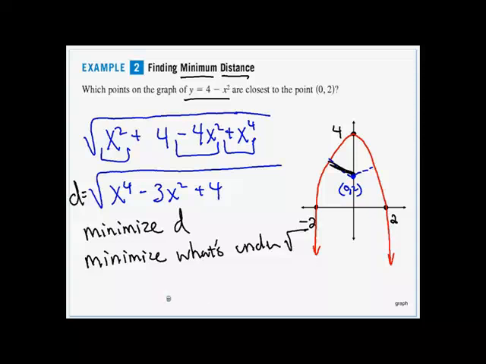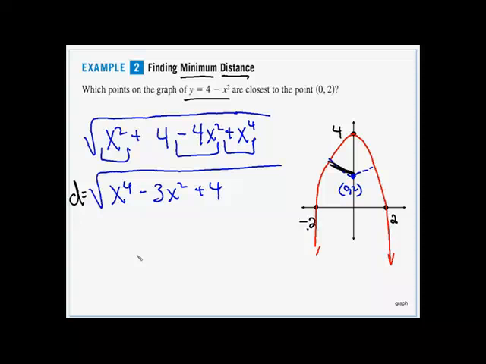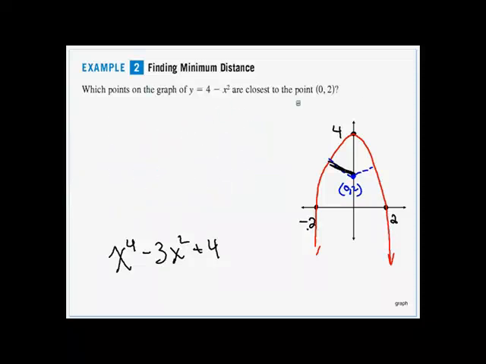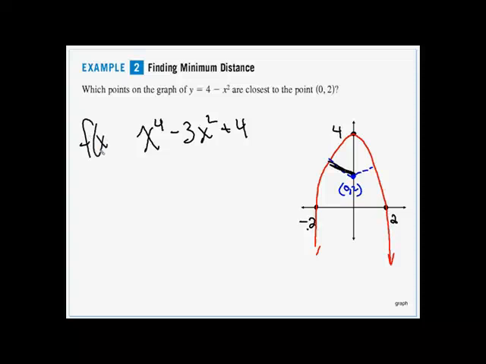So let's work on finding our critical numbers. And we're just going to take what's under the radical: x to the 4th minus 3x squared plus 4. And we want to minimize that. Let's just call this f of x.